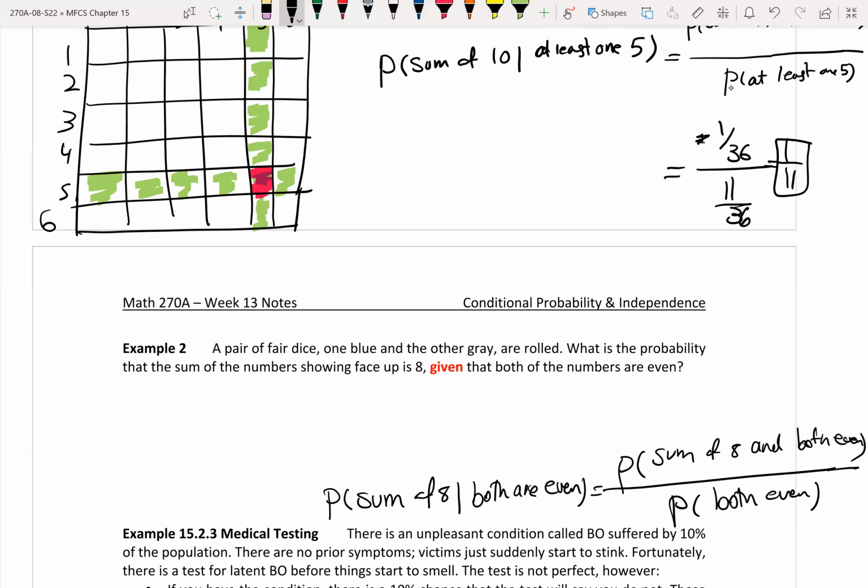What is the number of cases that both are even? How many cases both are even?